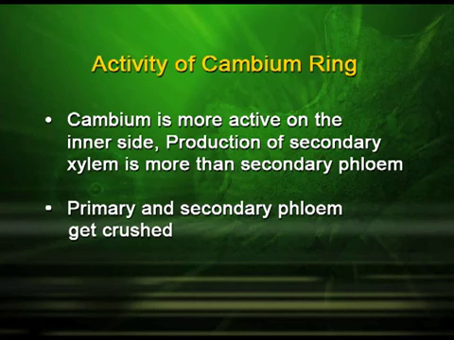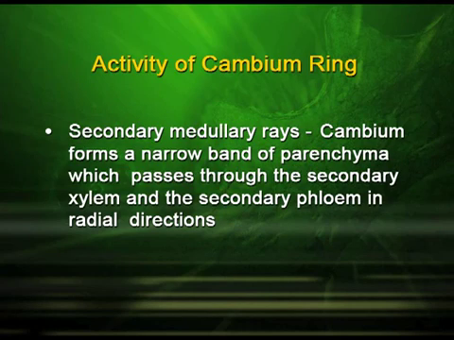It is because of the growth of the secondary xylem that the primary and secondary phloem get crushed. Cambium forms a narrow band of parenchyma which passes through the secondary xylem and the secondary phloem in radial directions. These are the secondary medullary rays.